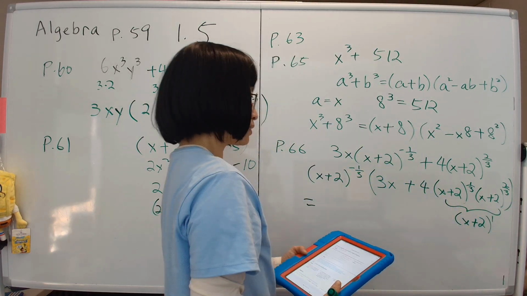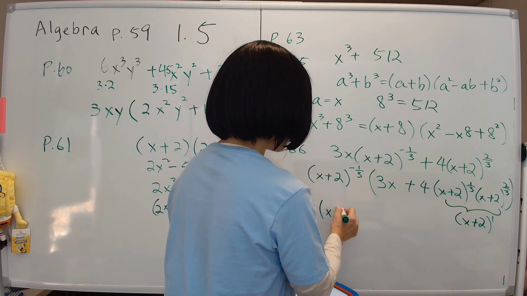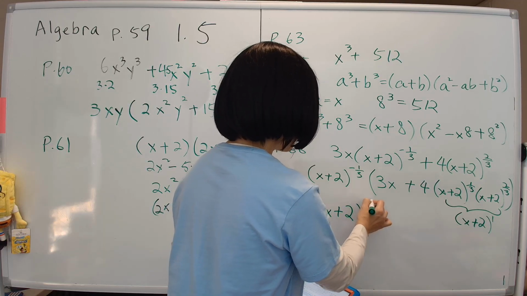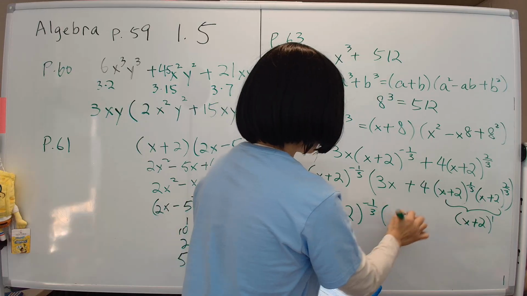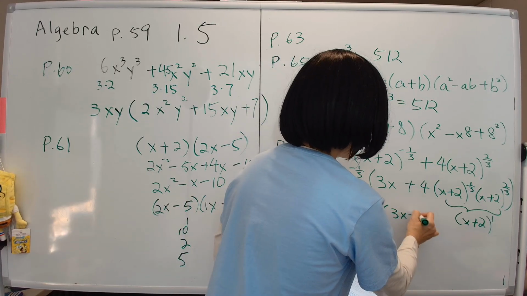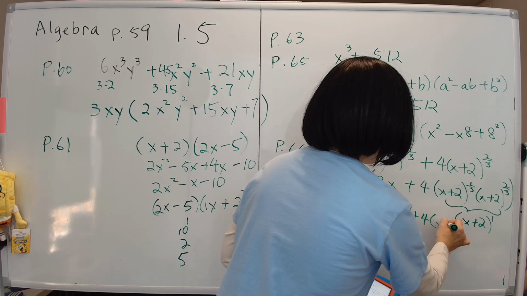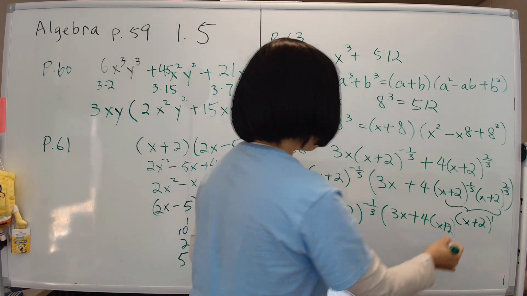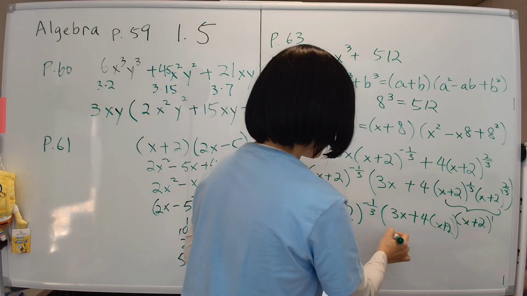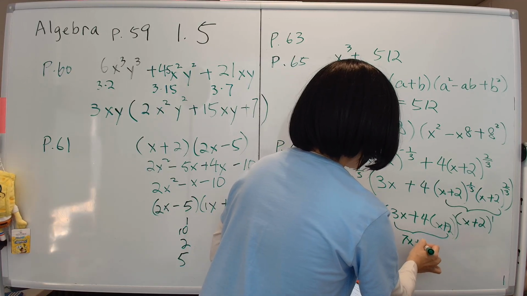Which is just x plus 2, and so our whole answer becomes (x plus 2) to the power negative 1/3, and then we have 3x plus 4 times (x plus 2), and then you can simplify that part to be 7x plus 8.